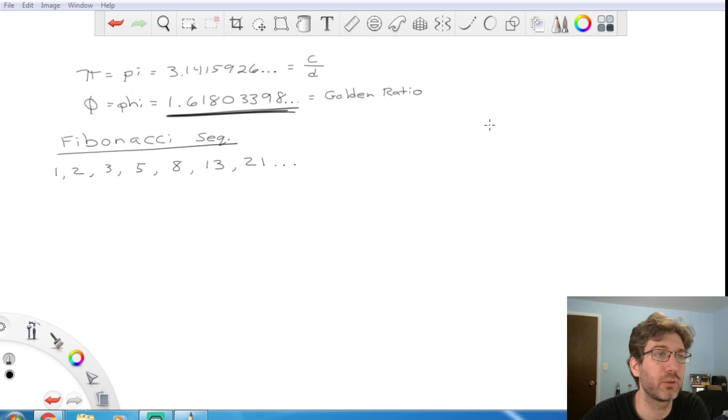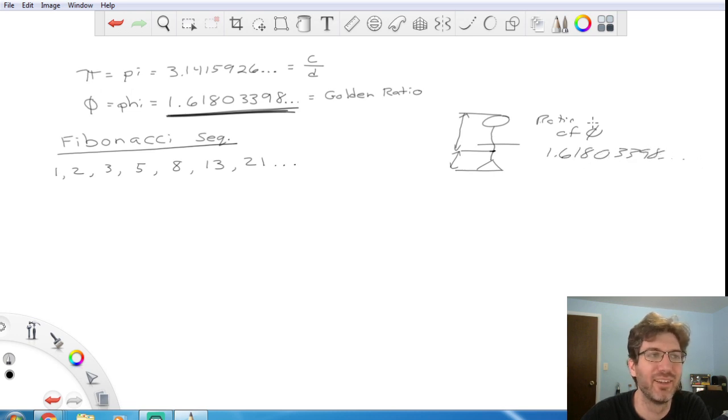Just looking at what you measured, if you had your body here, and your belly button, say, is about here, this distance here compared to this distance here is a ratio of phi, which is 1.6180339, and so on. So you saw that distance.